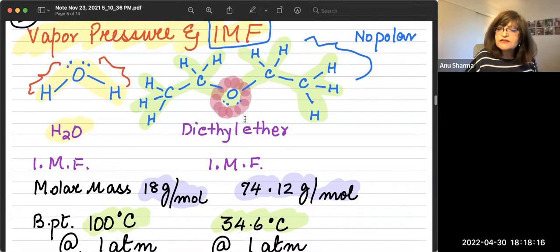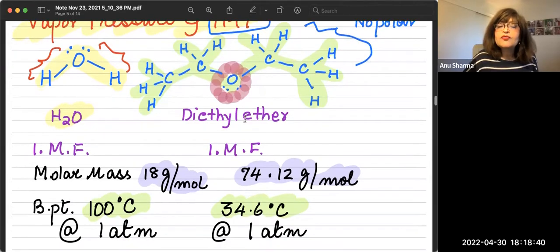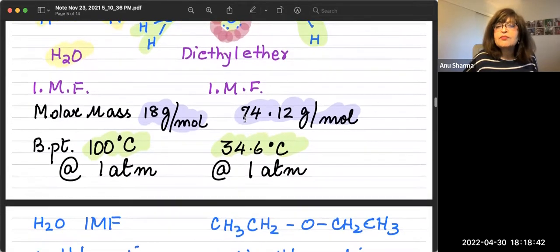It evaporates faster. So why is it that water, being a very small molecule, does not evaporate faster, but diethyl ether, being a big molecule, does? In other words, it's easy for diethyl ether to go from a liquid state to a gaseous or vaporized state, but water would need a lot of heat to do so. And at 1 atmospheric pressure, these are their boiling points.